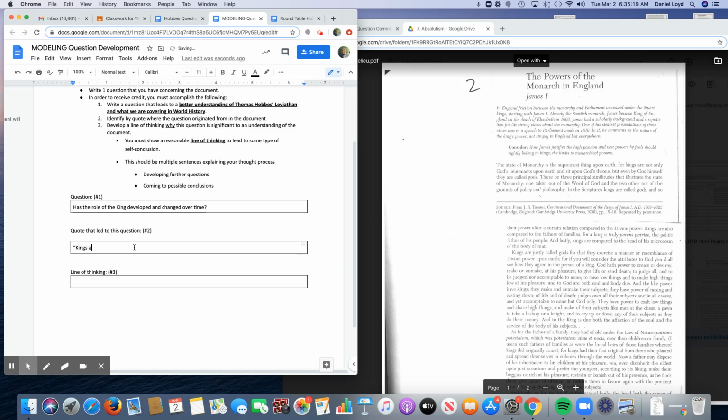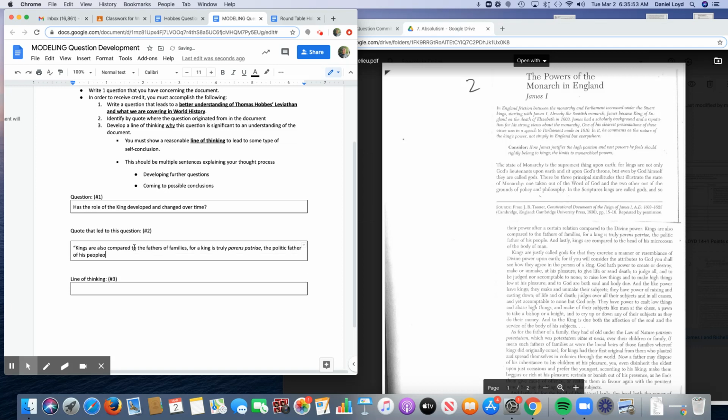"Kings are also compared to the fathers of families, for a king is truly parens patriae, the politic father of his people." Period, end quote. So that's the quote that leads to the question.